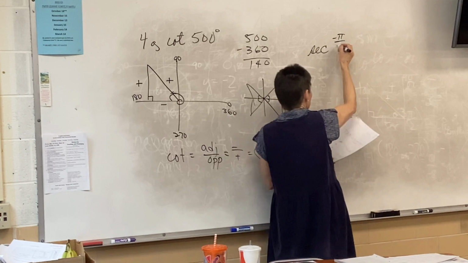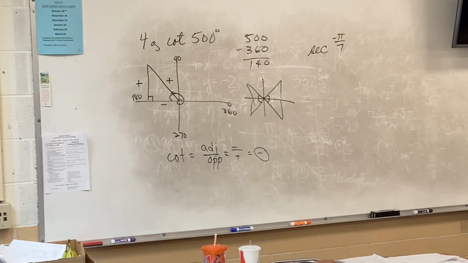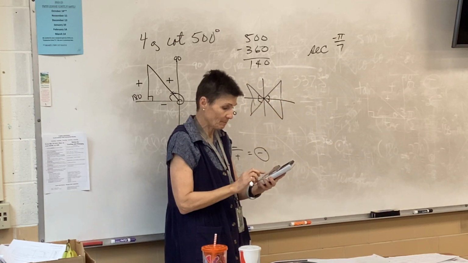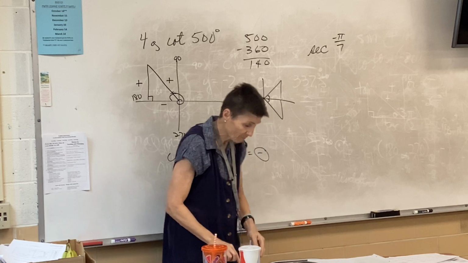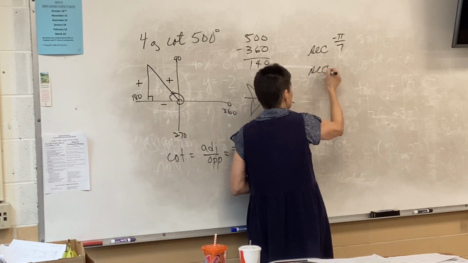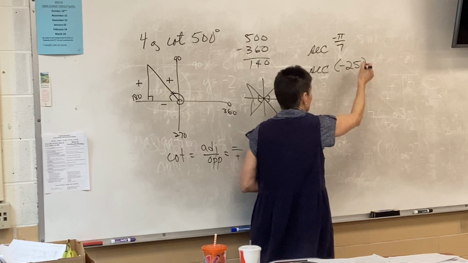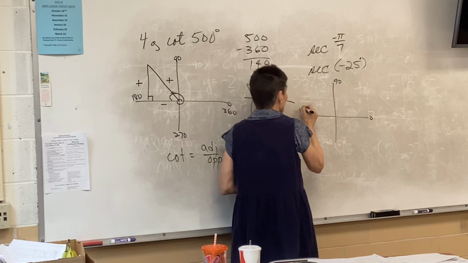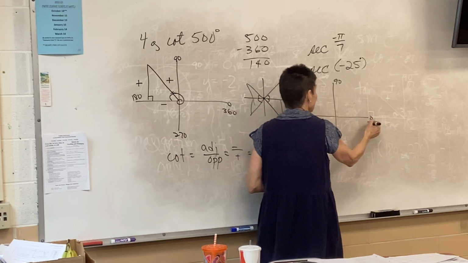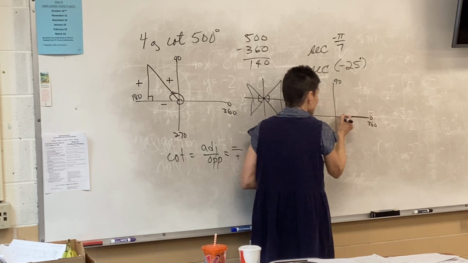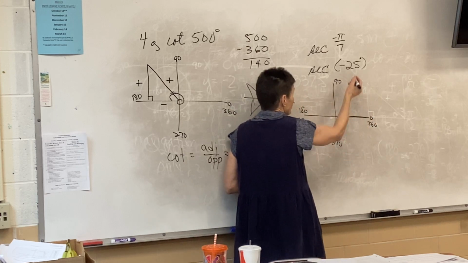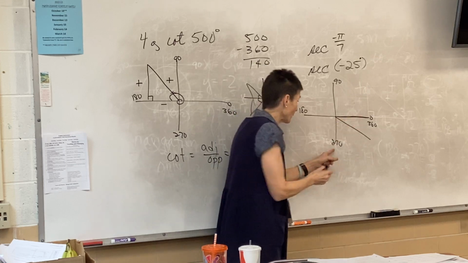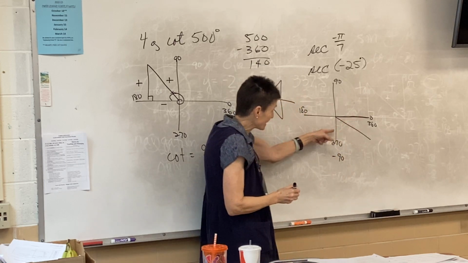Secant, negative pi over 7. Well, I don't know what pi over 7 is, so 180 divided by 7, that's about 25. So this is like the secant of negative 25 degrees. Think about your setup, and remember that when an angle is negative, it still starts here, but it goes down. If I'm only going down 25, I'm here, because all the way to here would be negative 90.